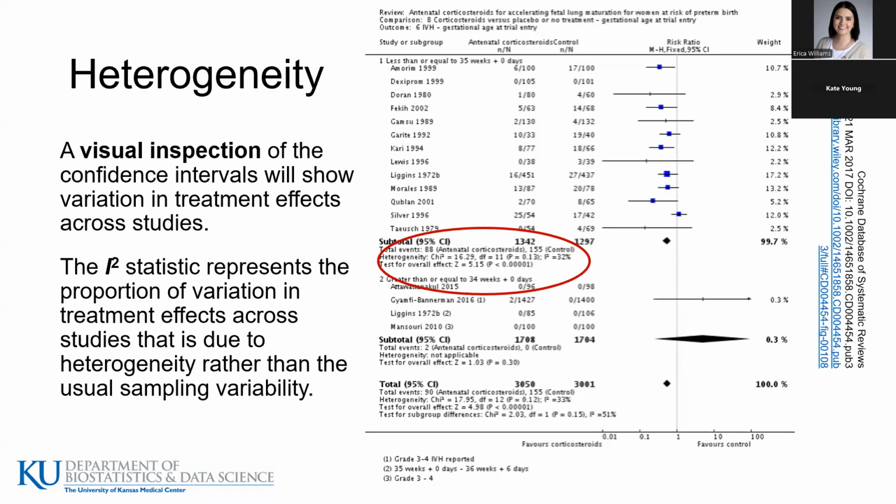So for example, here you can see that the I-squared statistic is 32. So this means that 32% of the variation observed in these treatment effects is likely attributed to true heterogeneity because of population differences in the interventions, or differences in the outcome, as opposed to the sampling variability.